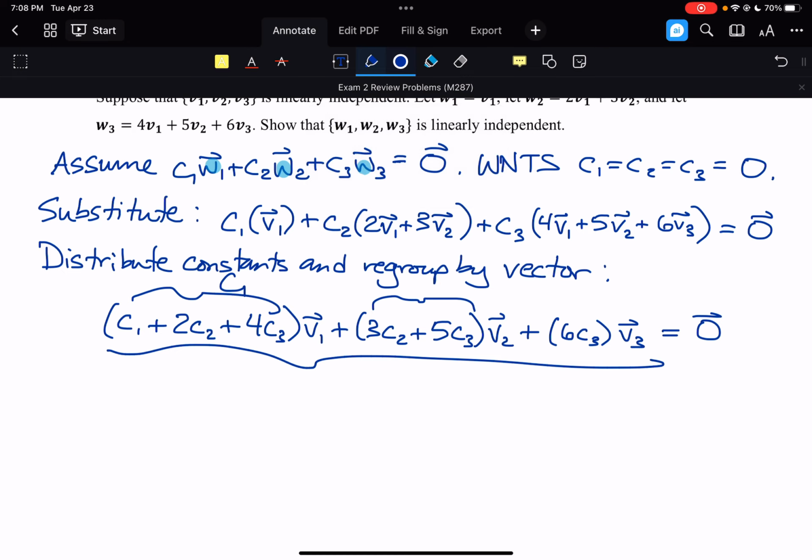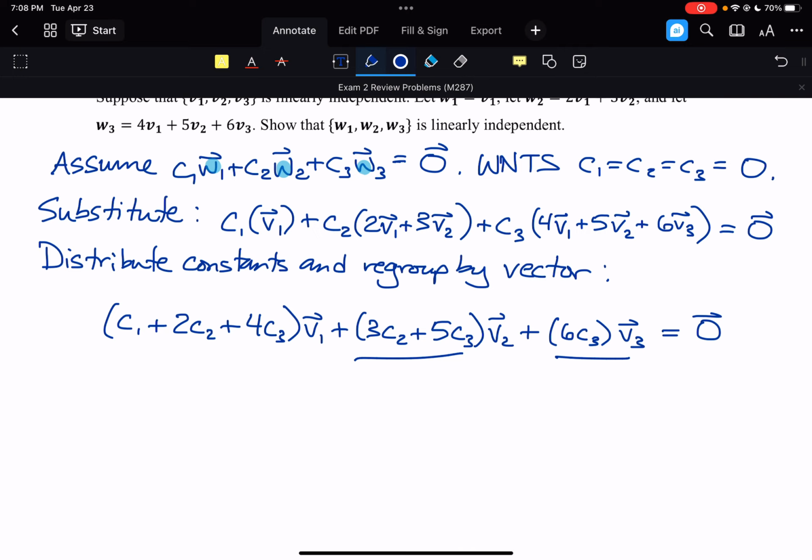We have a constant times v1 plus a constant times v2 plus a constant times v3. Because this set of vectors is LI, we know that these constants have to be equal to 0 in this form.